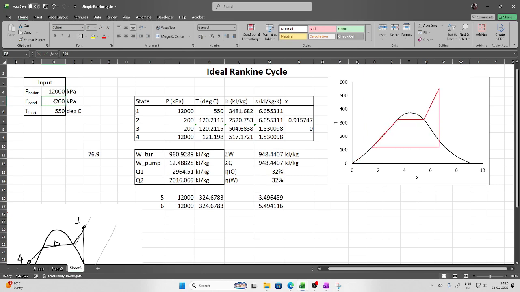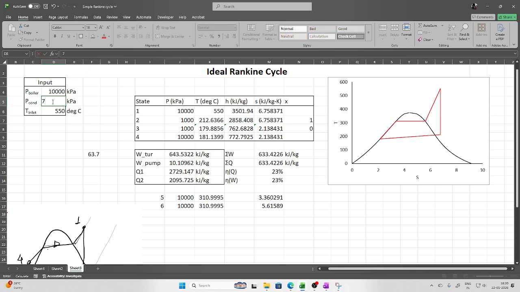This will happen. If you reduce it further to let's say only 10,000, this will happen. If you increase the condenser pressure from 200 to let's say 1000, and at the same time you will also notice, now this is something wrong, because this has to be modeled correctly. This we have not handled yet.